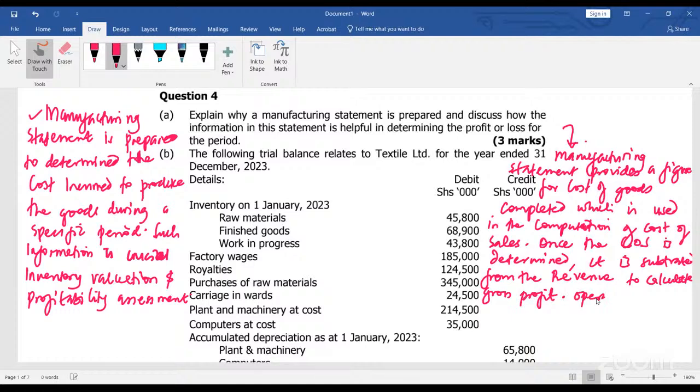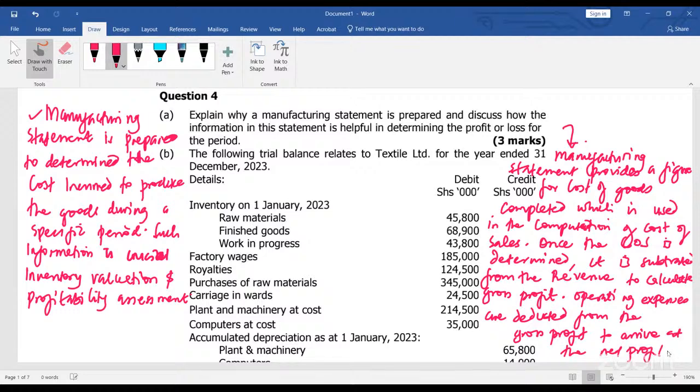Operating expenses are deducted from the gross profit to arrive at the net profit.